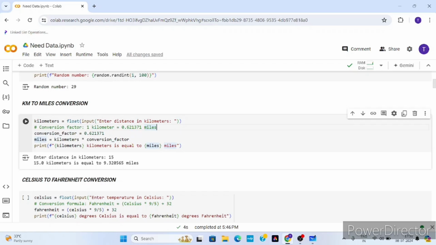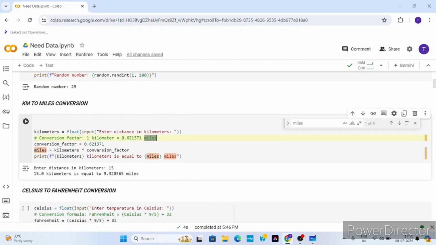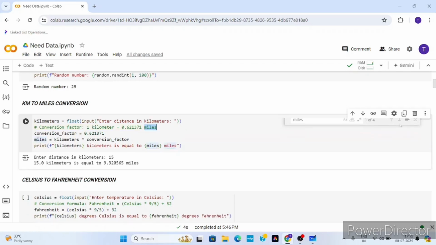We don't want to assign it as a float like in C. Python has an inbuilt function which will detect this as a float. Okay. Now to convert these kilometers into miles, first you get the kilometer as input.